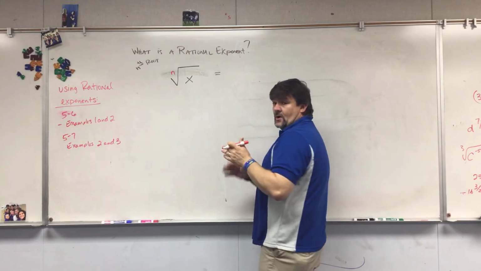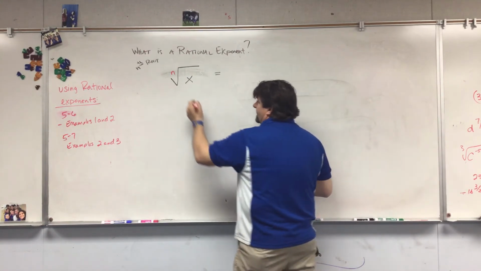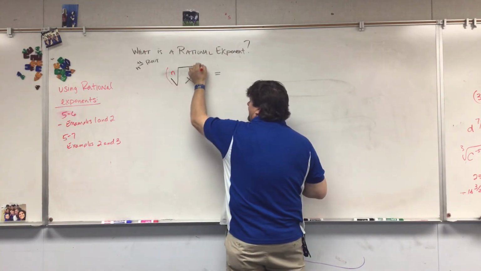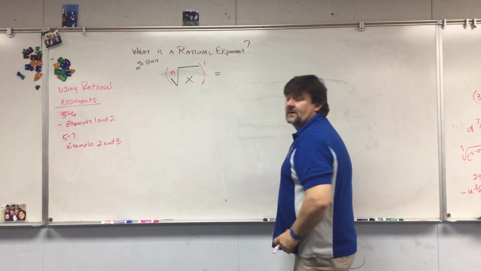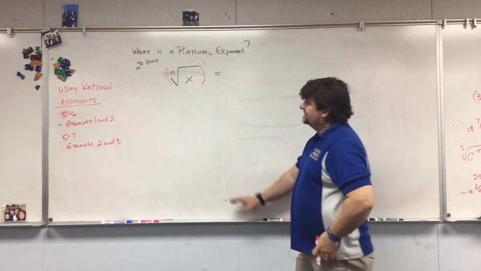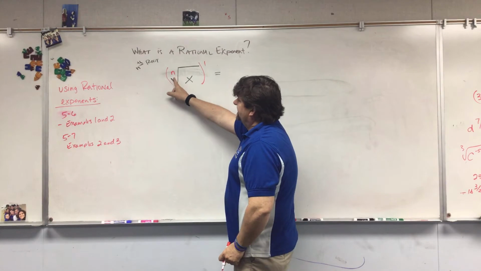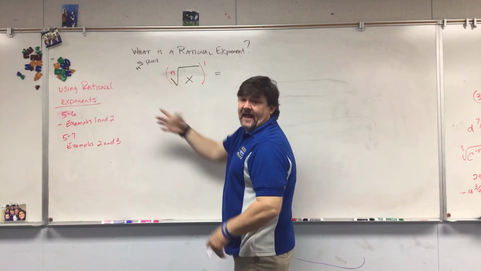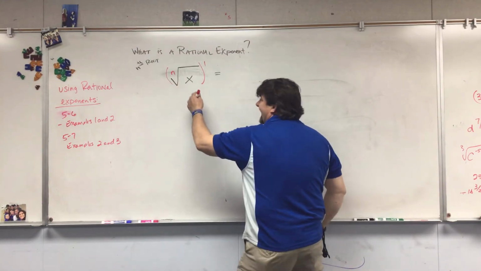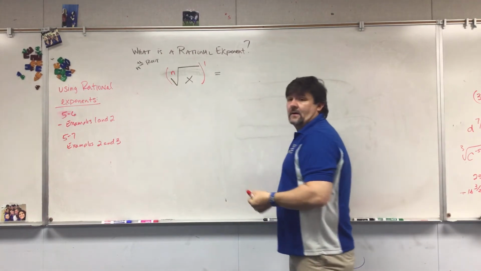We also know that this whole thing is raised to the first power. So the radical here is any number, that's why they call it n, we don't know what it is. And this whole thing is to the first power.